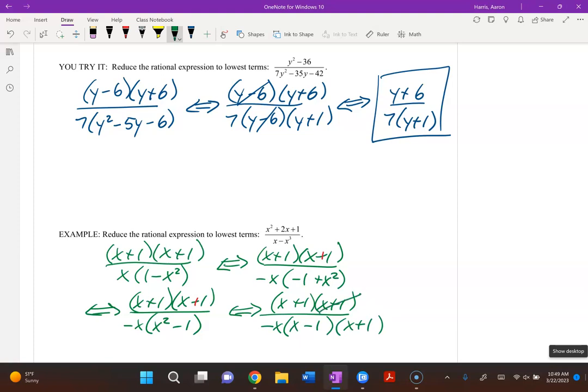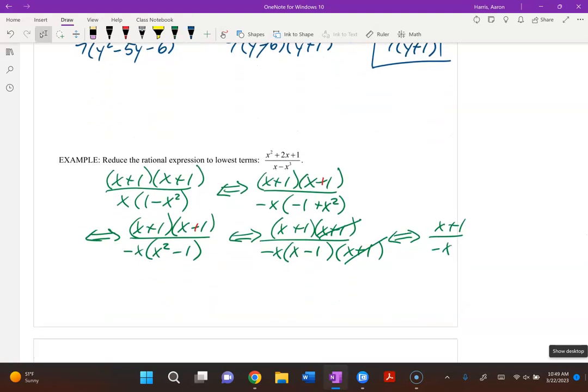And then I can get some stuff to cancel. So I'm left with x plus 1 over negative x. And I'm going to go ahead and take that negative up top. Negative goes up top. And we can stop right there. Or you can write it as negative x minus 1. Either one. All over x. Yeah.